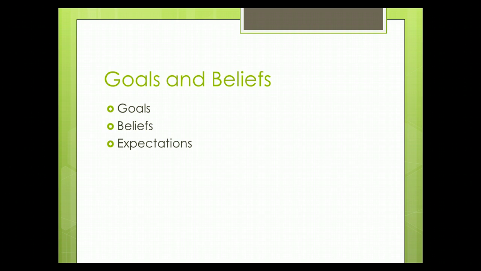So we're talking about expectancy theory. Expectancy theory says that our effort is determined by our beliefs in three key areas. The three areas are expectancy, instrumentality, and valence. Now let's look at expectancy first. Our belief regarding expectancy is that our effort is going to lead to an acceptable level of performance.